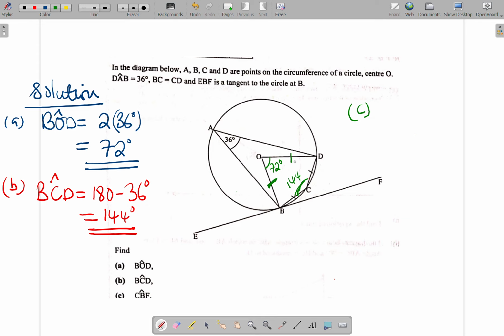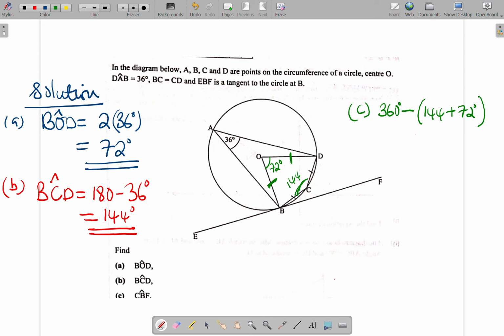So the angle that I'm going to find, I'll simply say 360 degrees minus 144 plus 72 degrees. Because there are two angles there, you can see from the shape that these angles are going to be equal.